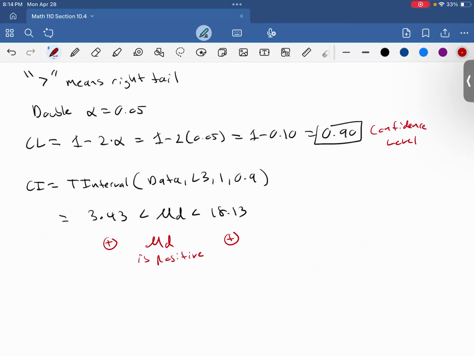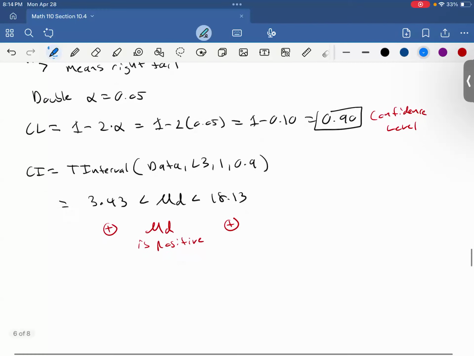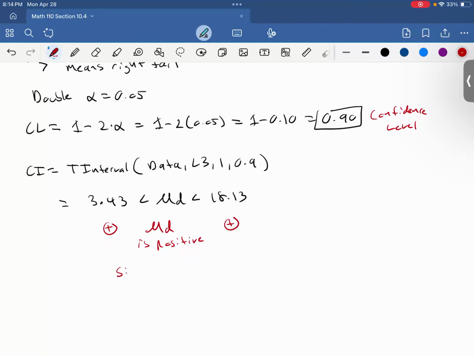So since our mean difference is positive, that means the cholesterol before is higher than the cholesterol after.